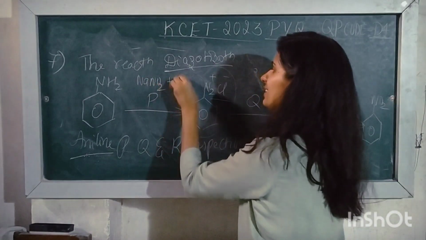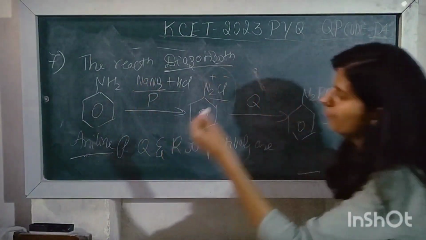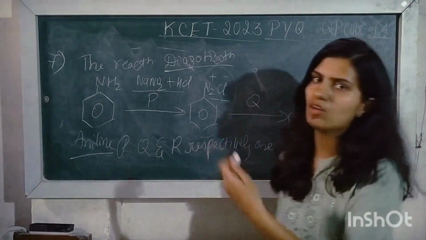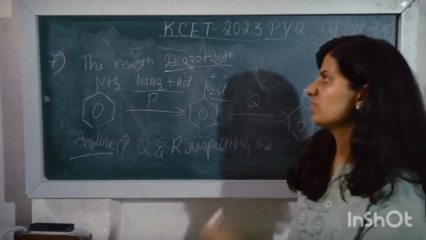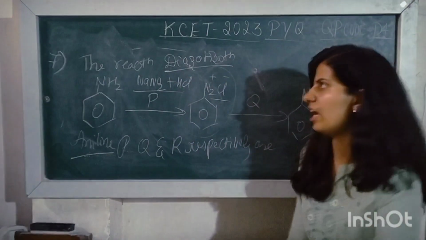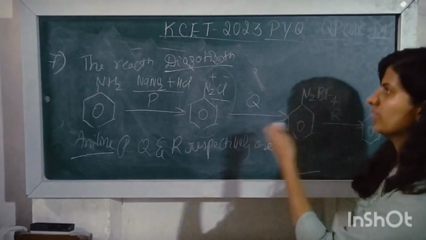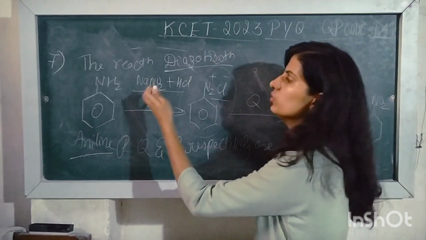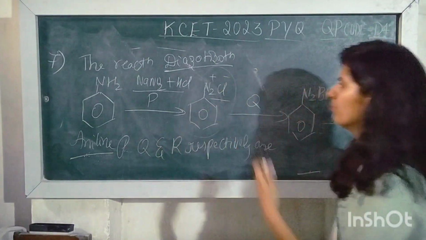NaNO2 and HCl, right? So, we can eliminate the options, because in three options they have given NaNO3 here, and only in one option they have given NaNO2. From there itself, no need of solving all the others, you can choose the correct option.